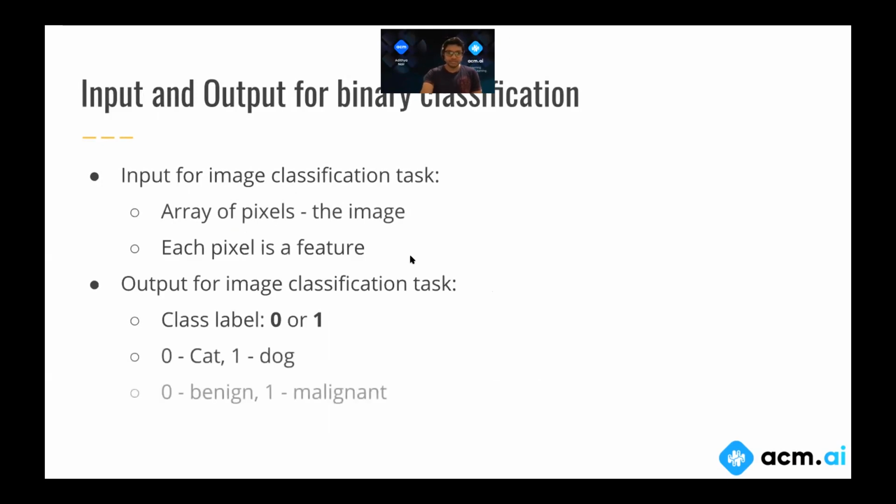So yeah, here are examples of input and output for binary classification. If we are trying to predict if a picture shows either a cat or a dog, we might provide a picture as the input, and every single pixel of the image will essentially be an input value.